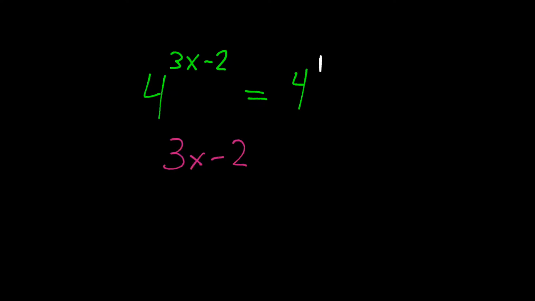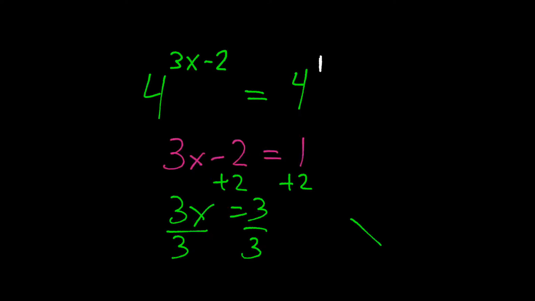3x - 2 = 1, and this is actually a simpler algebraic equation than the last time. If I add 2 to both sides, I get 3x = 3, and then divide by 3, and we end up with x equaling 1.